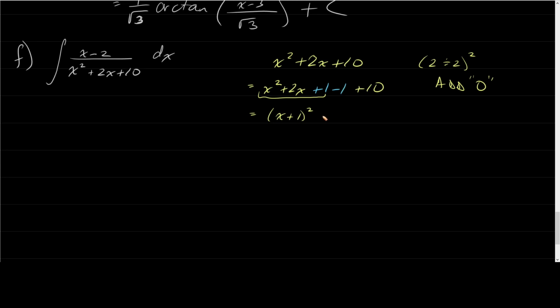Negative 1 plus 10 is a positive 9, which I can rewrite as x plus 1 squared plus 3 squared. Now this integral over here would now become, well, let's see. It is now the integral of x minus 2 over x plus 1 squared plus 3 squared dx.